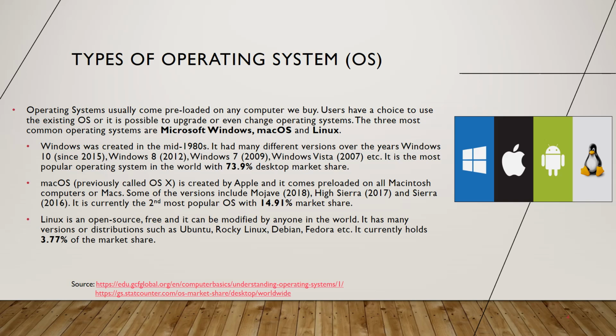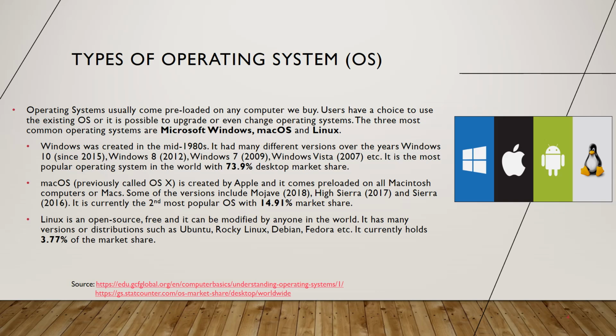Users have a choice to either use the default operating system on their personal computers, or it's also possible to upgrade or even change the existing operating system. Currently, the three most common operating systems are, I think we all know, Microsoft Windows, Apple's Mac OS, and of course Linux. A little history about all these three operating systems.